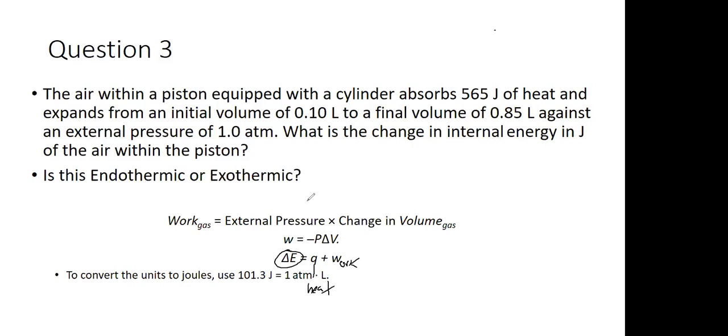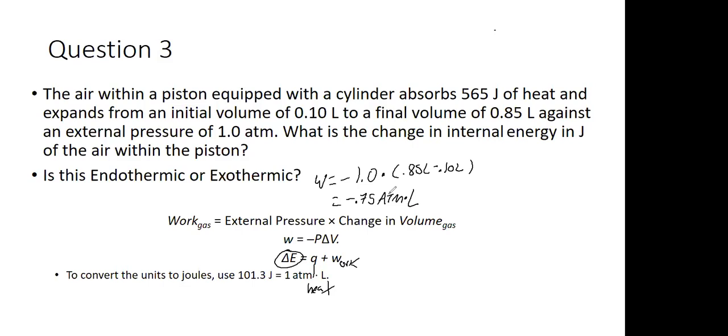So to do work, it's W equals minus pressure. Well, pressure is 1 atmosphere multiplied by the change of volume. Like I said at the beginning, every time you see delta, it's final minus initial. So final is 0.85 liters minus 0.10 liters. And so your work is negative 0.75 atmosphere liters.